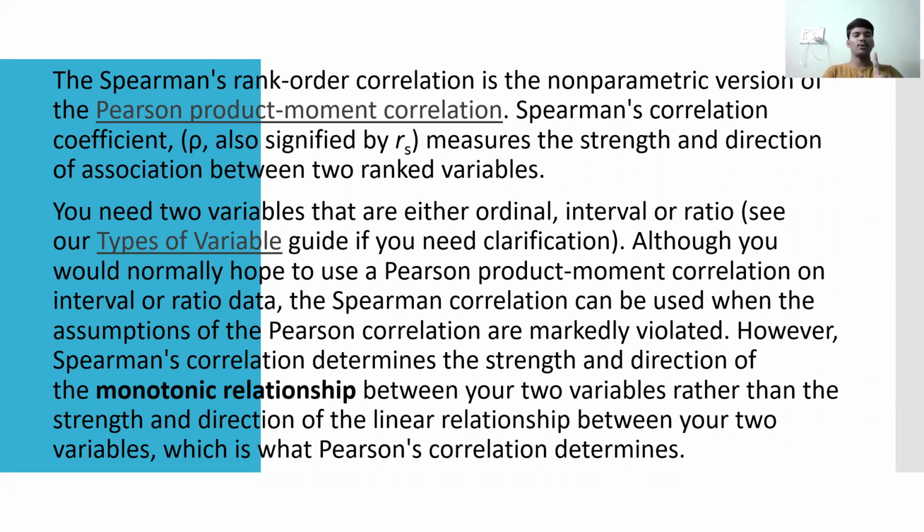It has only a mono, single direction. This way we can determine whether the relationship between two variables is monotonic or non-monotonic, rather than the strength and direction of a linear relationship between two variables, which is what Pearson's correlation determines.